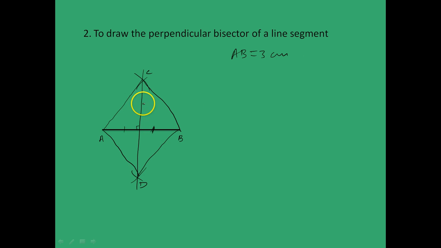So how do you prove that, let's call this point O, AO is equal to OB. So we have to prove OA is equal to OB, as well as angle AOC is equal to 90 degrees, which is enough because that will prove that angle BOC is equal to 90 degrees also.